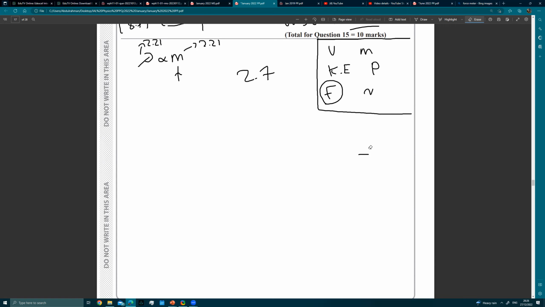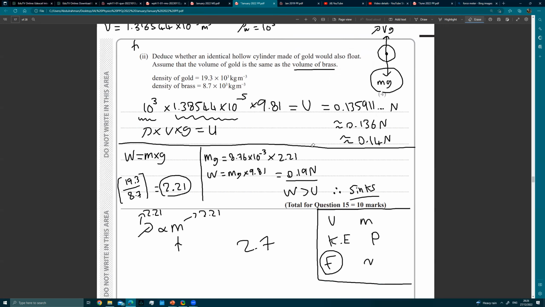So be wary. I would say if there's a question like this one, where you're trying to work out mass, and I don't know how to work out mass, but then all of a sudden you're given density, then what you should be thinking about is, okay, how is density related to mass, for example? Because look, this is part II.